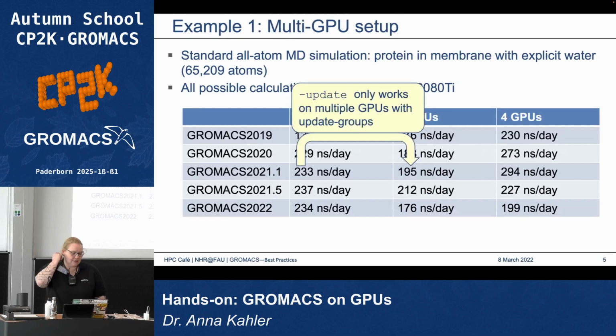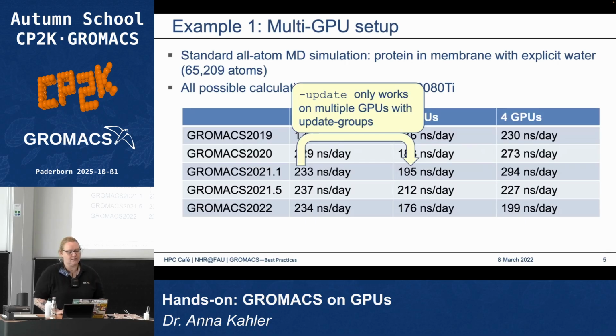Then we're going to do some multi-GPU setups. It was the same simulation, but on a different number of GPUs. You can see here, maybe you can't, that the middle column is 2 GPUs. For all of the cases, the performance decreases if you use 2 GPUs compared to 1 GPU, and this is with the correct settings and all of the optimized parameters.